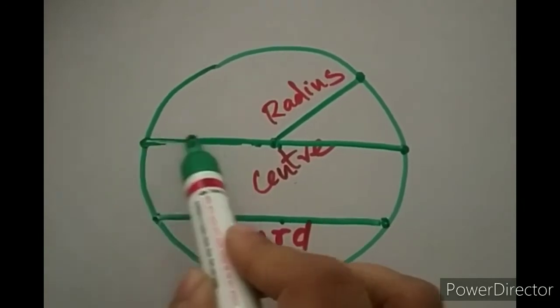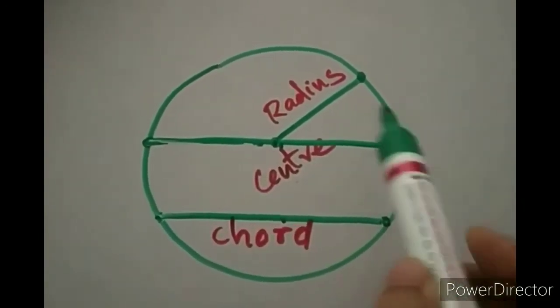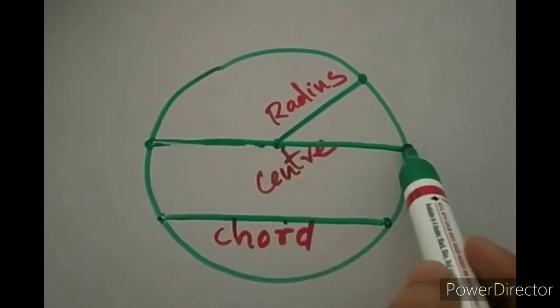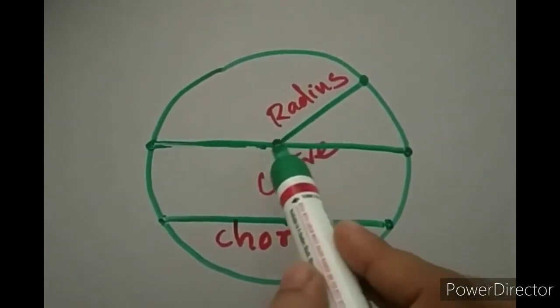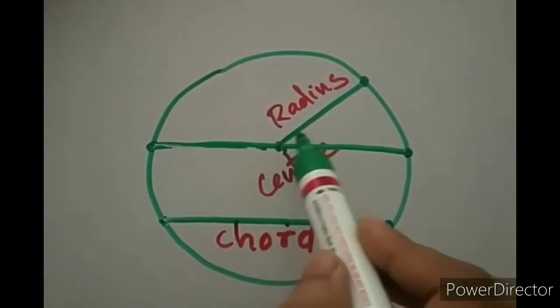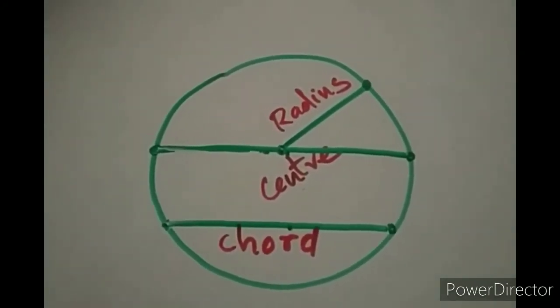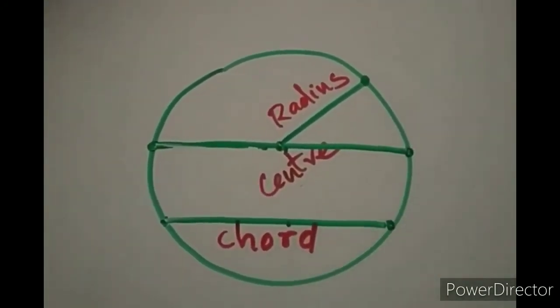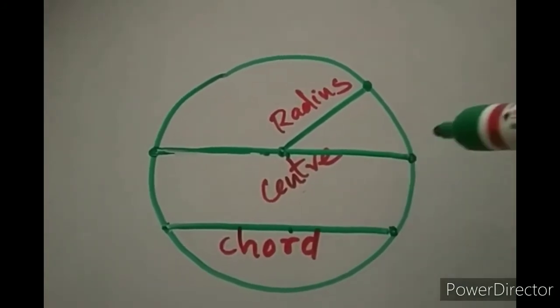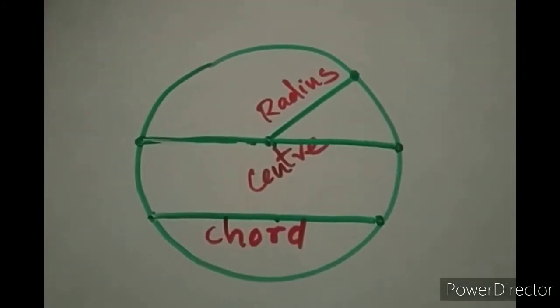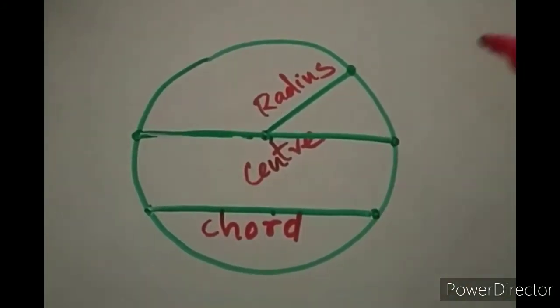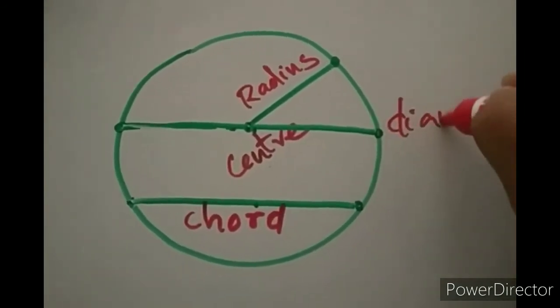And this chord, the chord of a circle which passes through the center of a circle, is known as the diameter.